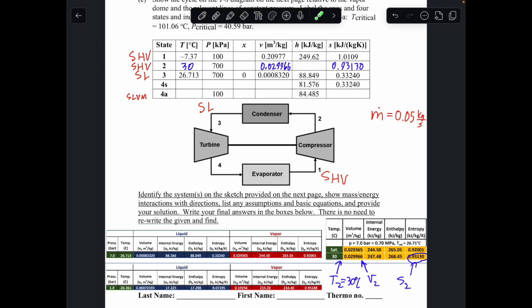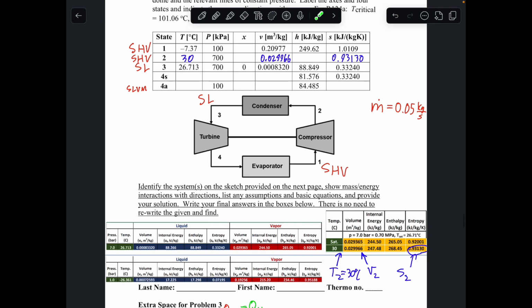Okay, now let's focus on 4a because we just need to get this temperature and entropy value. And so remember, we are in the SLVM range at 1 bar, which we have this table here at the bottom to find the quantities for each of the properties here. So if we're in the saturation region with this saturated pressure, we have a given saturation temperature.